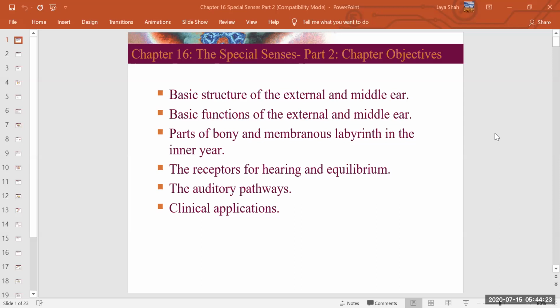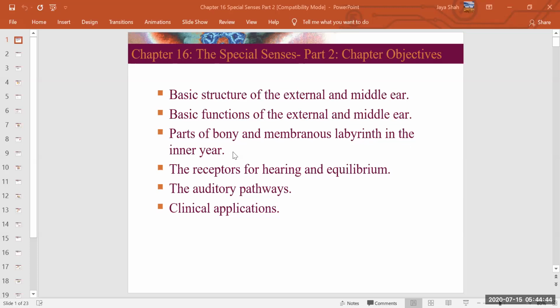About the ear, the chapter objectives are as follows. We're going to talk about the basic structure and basic function of the external and middle ear, and parts of the bony and membranous labyrinth in the inner ear.